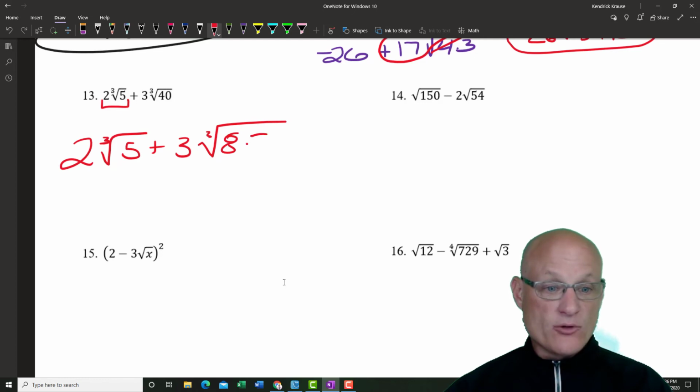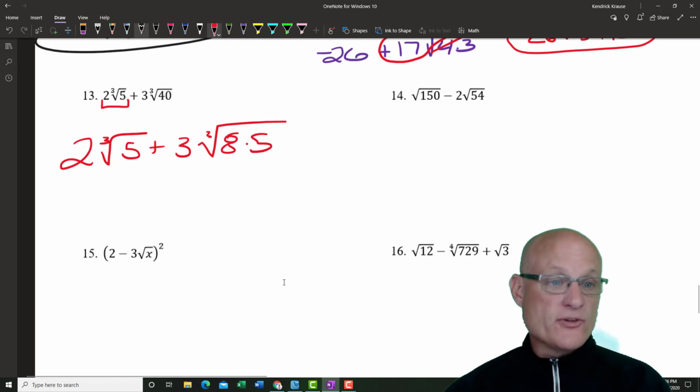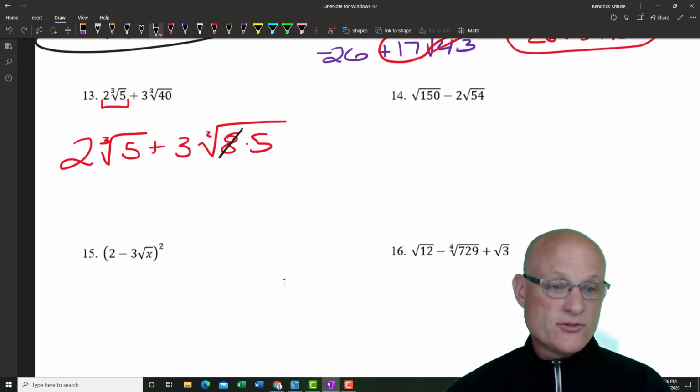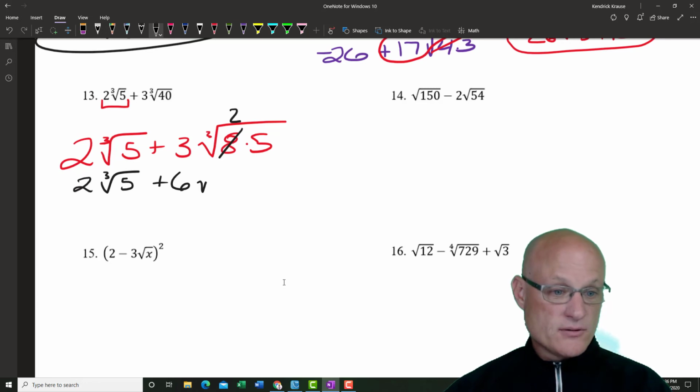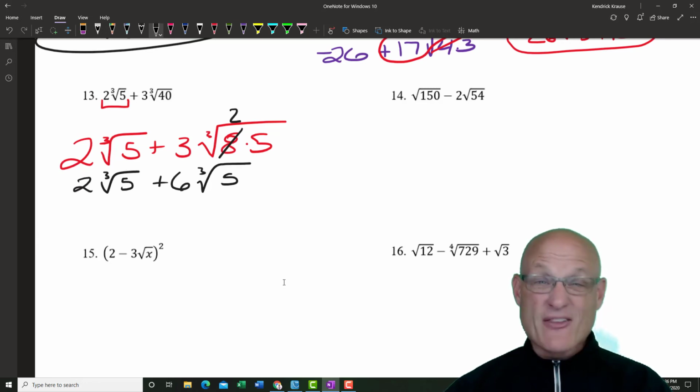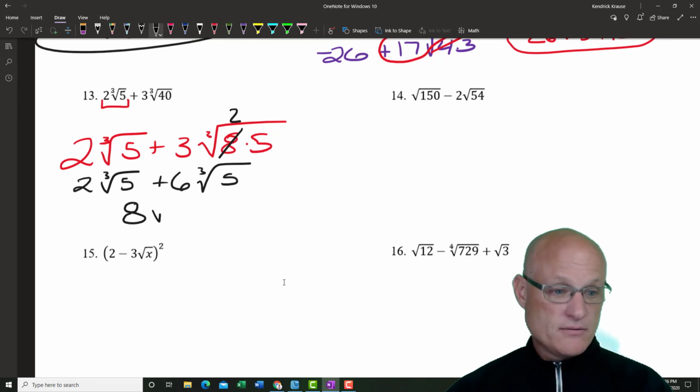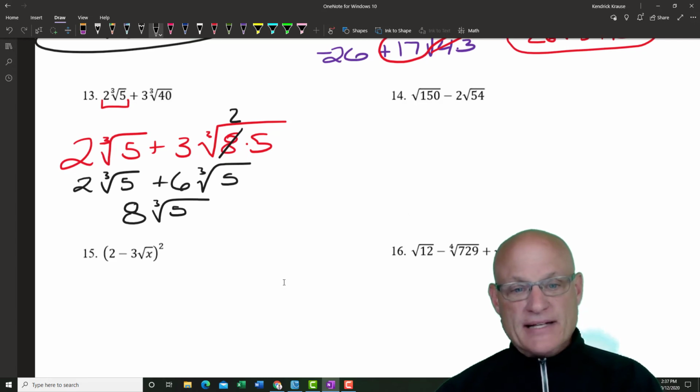And isn't that weird that it goes in 5 times? What is the cube root of 8? It's 2. So I have 2 cube roots of 5 plus 6 cube roots of 5. And now that they both are cube roots of 5, I can put them together and get 8 cube roots of 5.